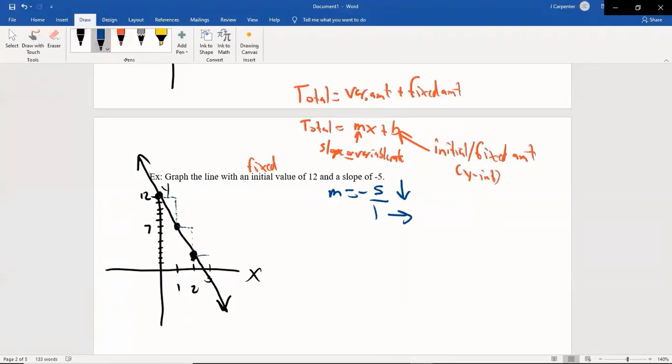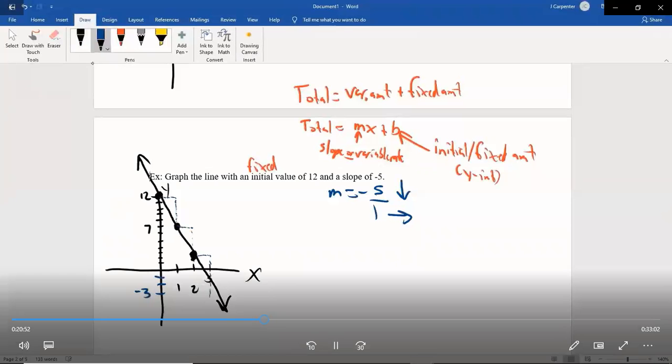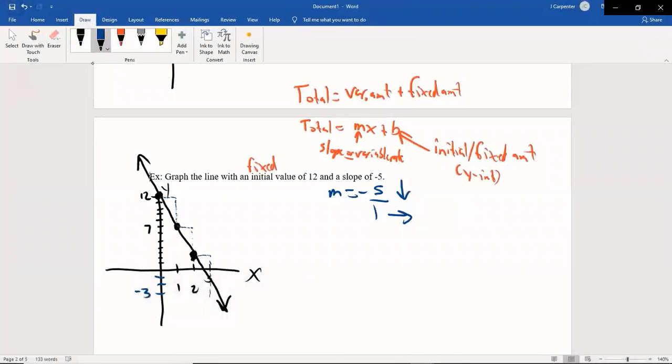When you go down 5 more from a height of 2, you end up at -3. And I'm doing that one in blue for a reason, and I'm not actually on the line because of poor artistic ability. I can see why that is. They're just scaled too much. 1, 2, 3. There's our -3.